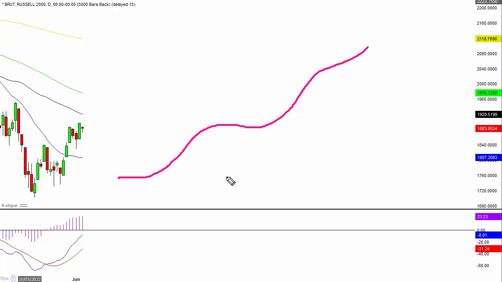Now, you could use price alone, and you could say price is making higher highs, higher lows. But again, this is where multiple time frame analysis comes in, because it might be trending on a daily chart, but it's actually an overall downwards trend on the monthly. But anyway, for now, that's getting into all the politics of it.